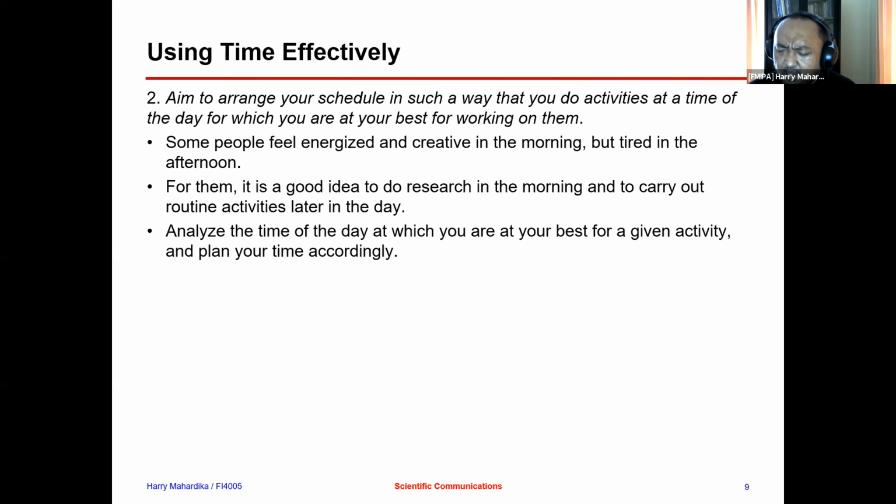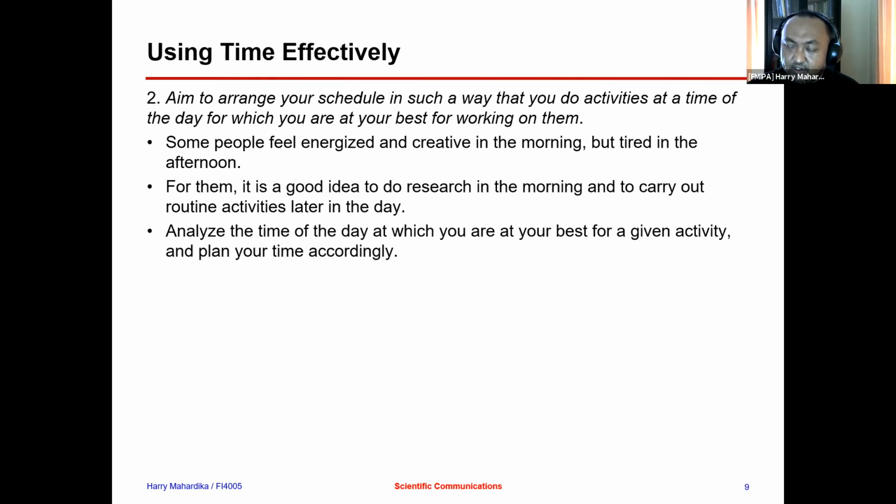But if a group of people needs to be involved in working on that project or those activities, it means that working at midnight obviously is not going to work, because usually people use midnight as time for rest.